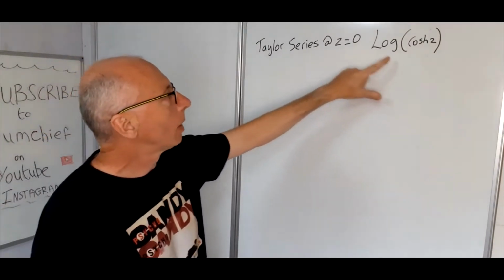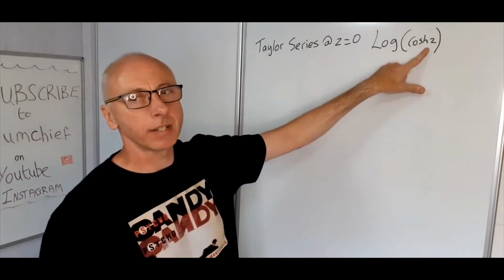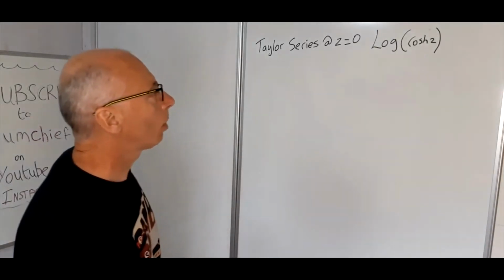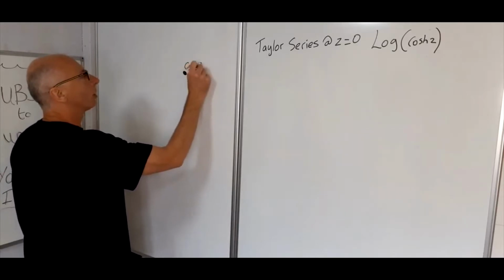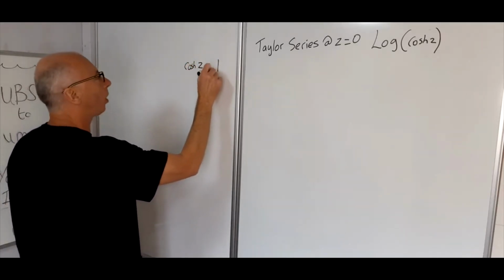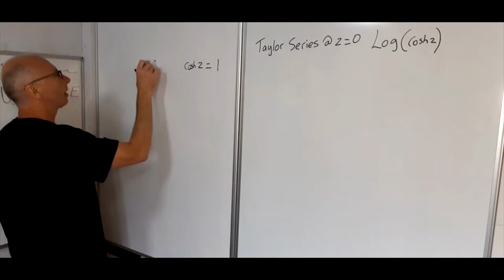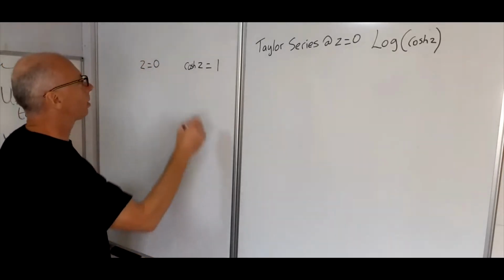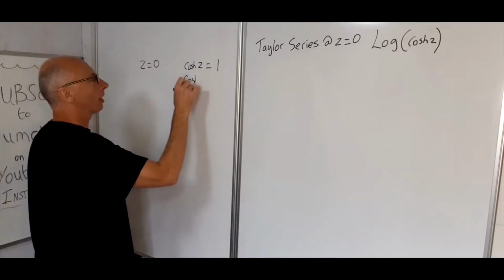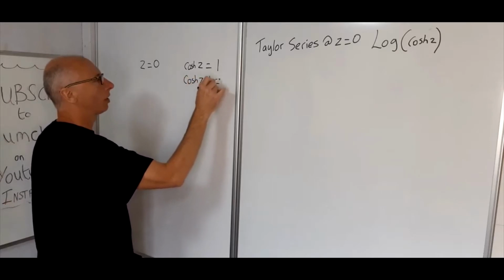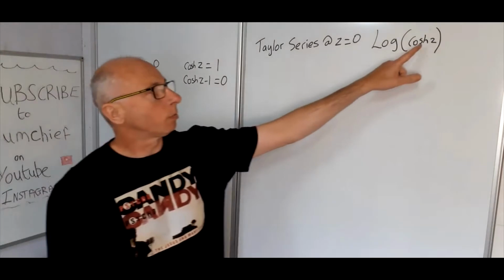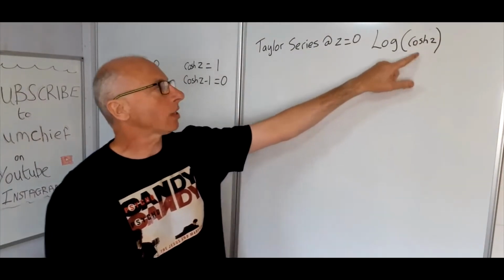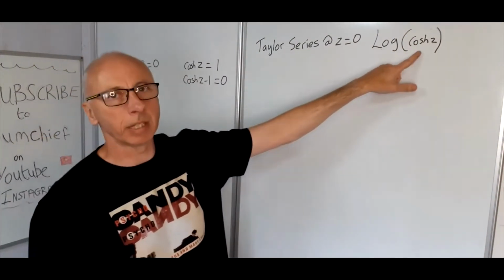Now, slight problem here because cosh of z is never 0. So what we can say is cosh of z equals 1, and this is all for z equals 0. So what we use in this case is cosh of z minus 1, that is 0. So when we're manipulating this, we can use cosh of z minus 1, but that's going to change the value of the function a little bit.